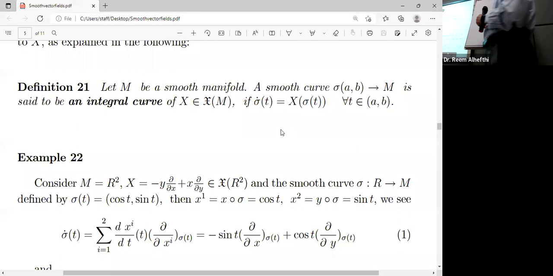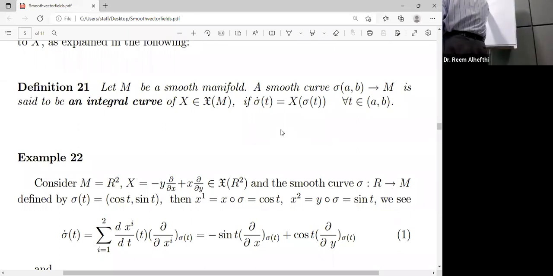By the way, if this is a chart with local coordinates, then you know that del by del xi are smooth vector fields on U. Coordinate vector fields. They are called what? Coordinate vector fields. And because we are doing smooth things, cross partial derivatives are equal, right? And therefore, what will happen?